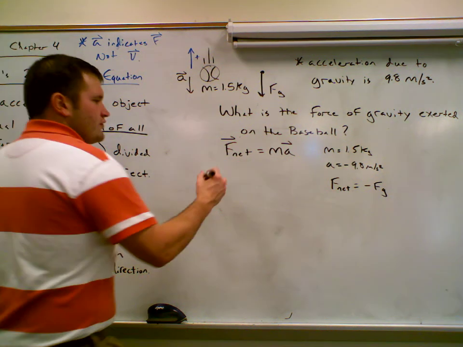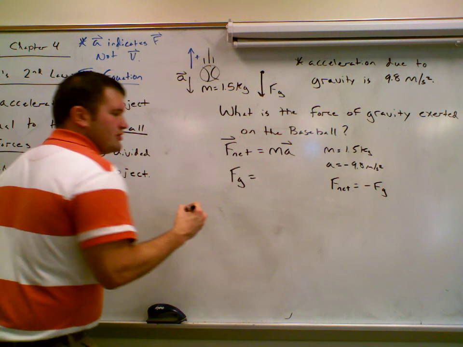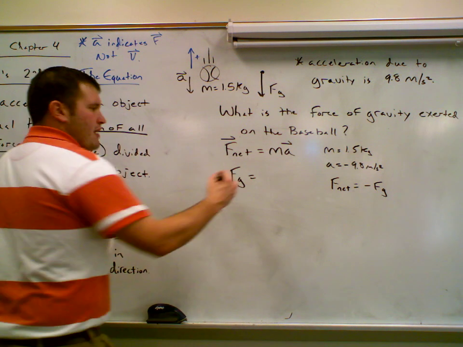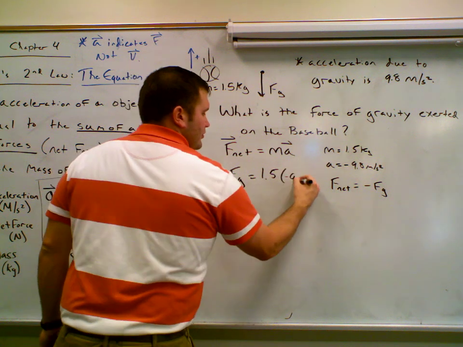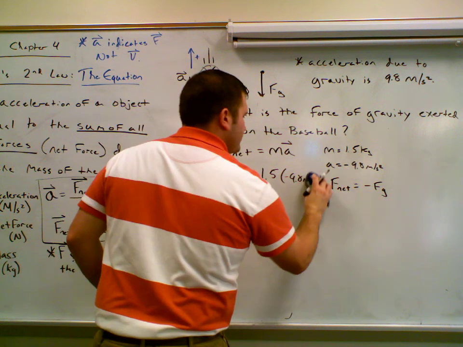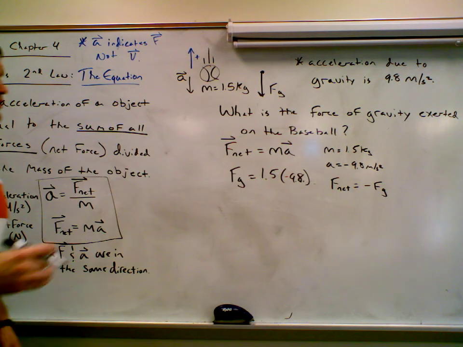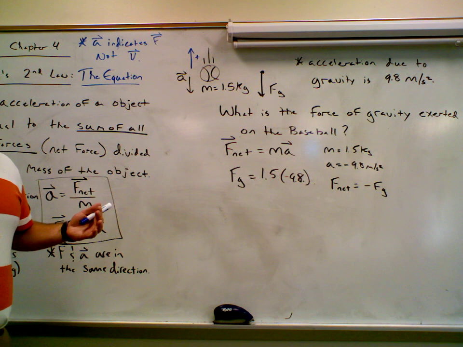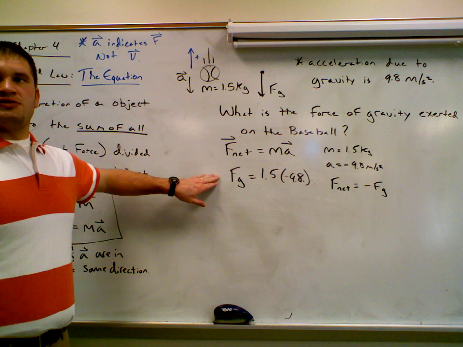So the force of gravity, Fg, is going to be equal to mass times negative 9.8 meters per second squared. So I plugged in what I knew, right? Now, you may have noticed I left off this.